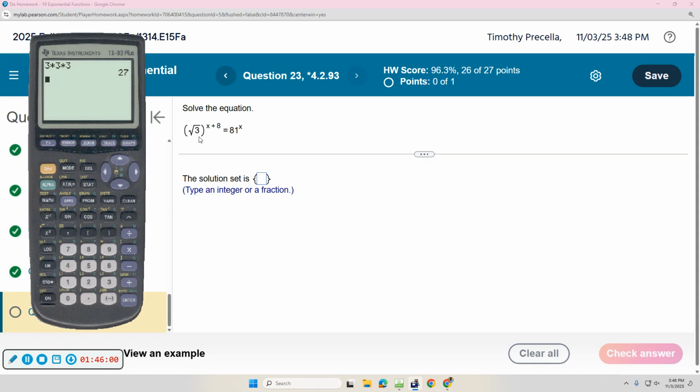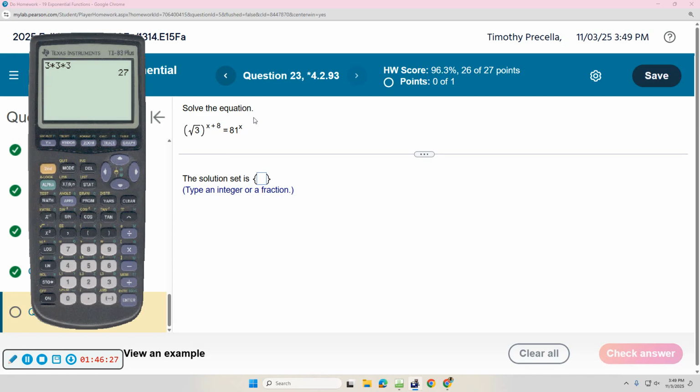It's number 23. The square root of 3 to the x plus 8 is equal to 81 to the x.